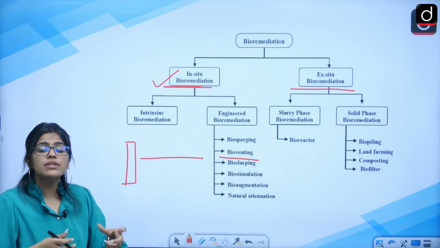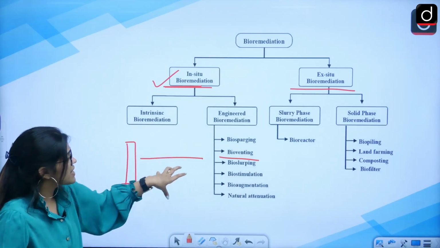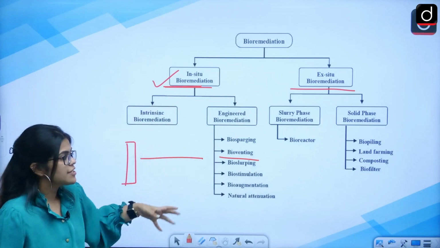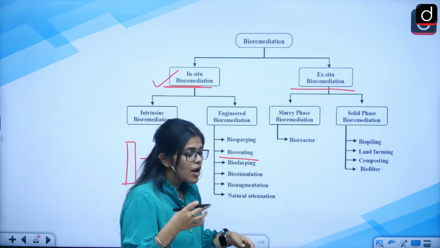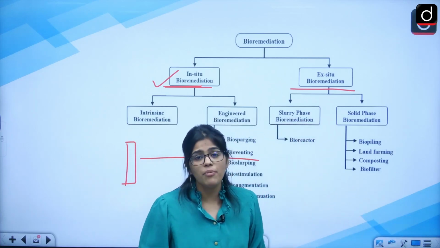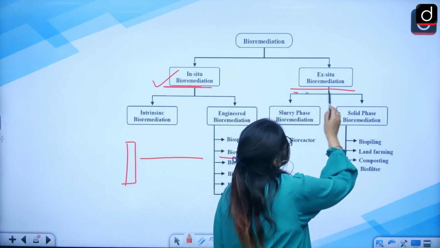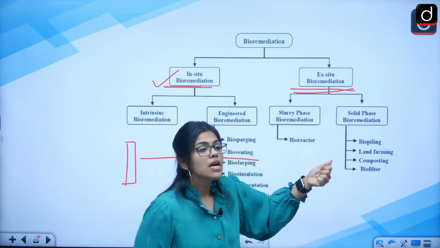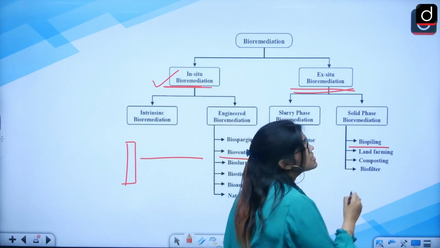So when the microorganisms that are already present there are activated, it is called in situ. On the other hand, when we are putting in more and more other microorganisms, bringing them from outside, we call it ex situ bioremediation. One example can be land farming, composting. A very good example is biopiling.